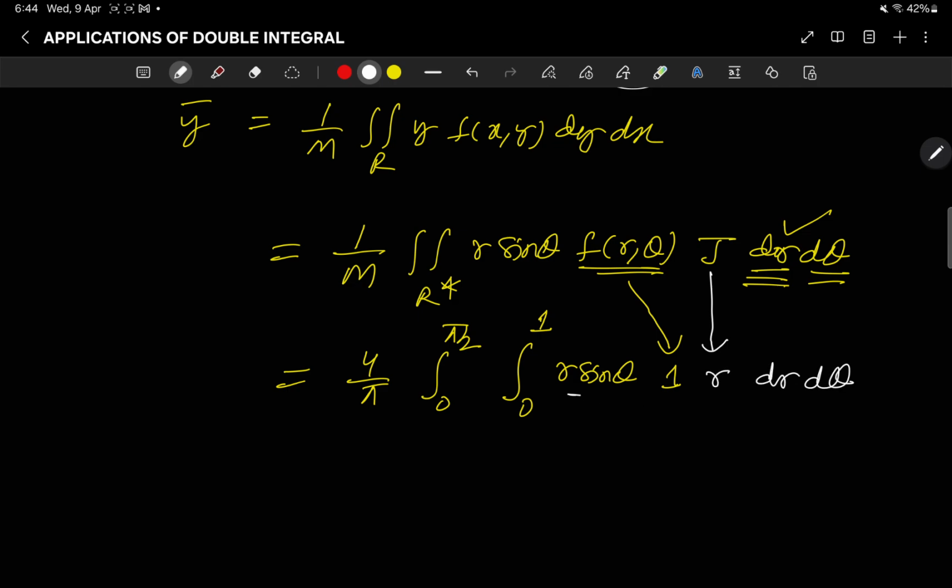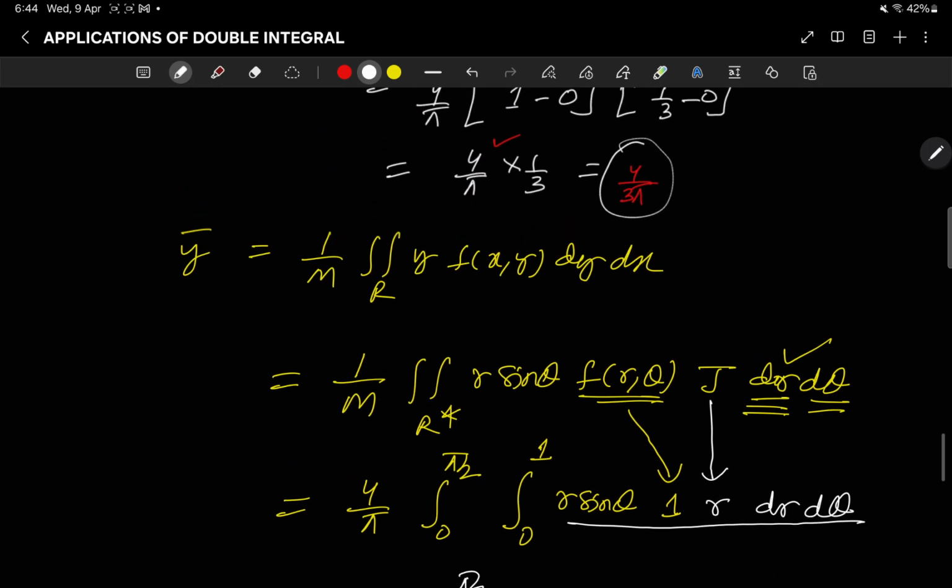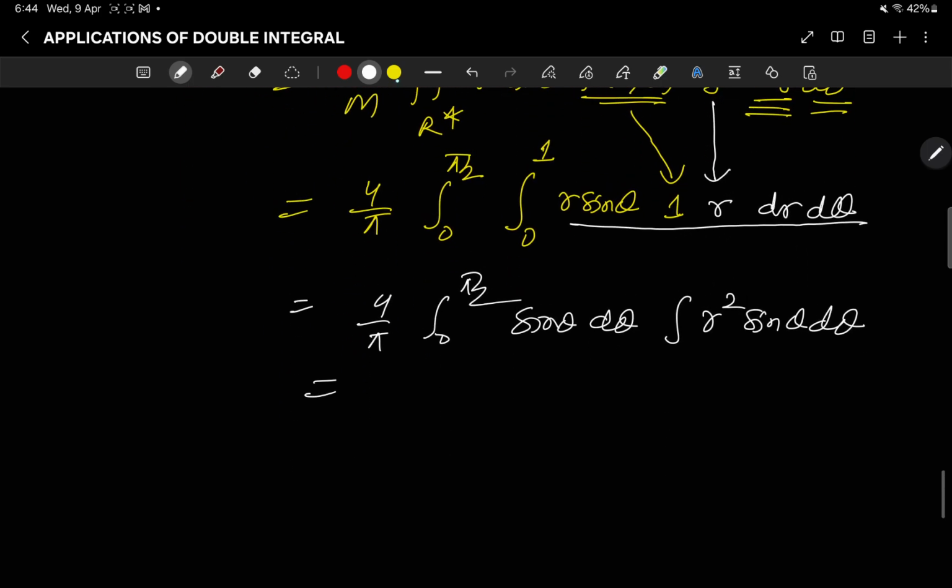Okay, since we can write it explicitly separating r and theta, we can write 4 by pi, here 0 to pi by 2, this is for your theta, sin theta d theta, and separating r, it is r square dr. And similarly if you evaluate it, it is again 4 by 3 pi.